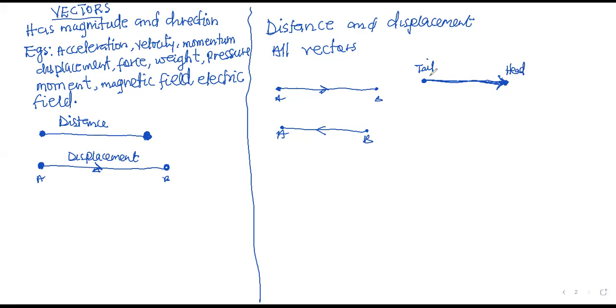So a vector has a tail and a head. Take note.